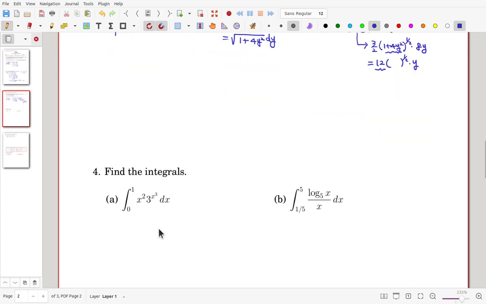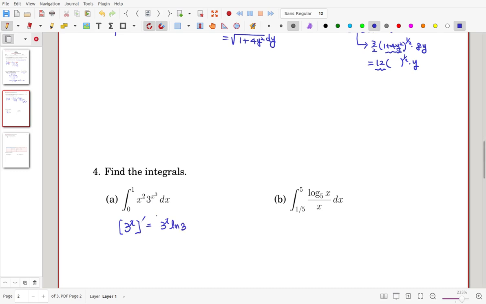Okay, let's go to number 4. Find the integrals. It's not so complicated. Here, we know that once we have 3 to the x, if you are taking the derivative of that function, then that is the same as 3 to the x and the natural logarithm of 3.